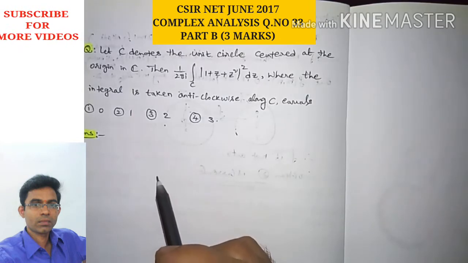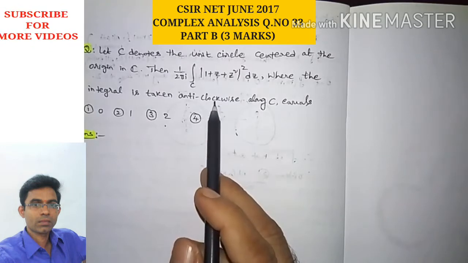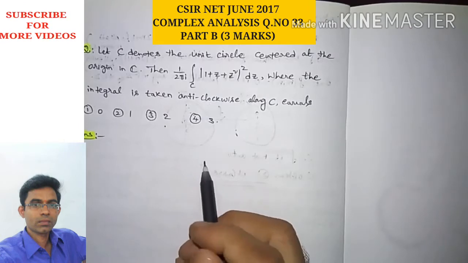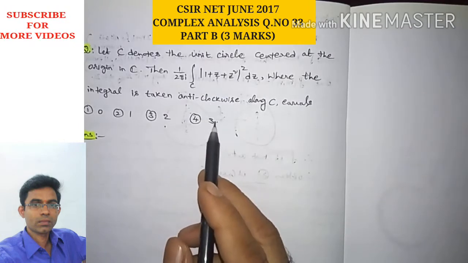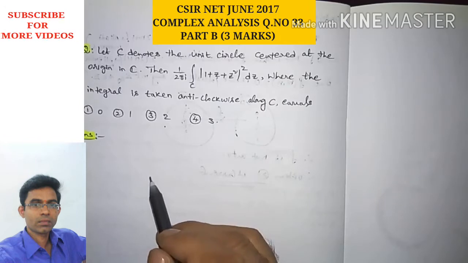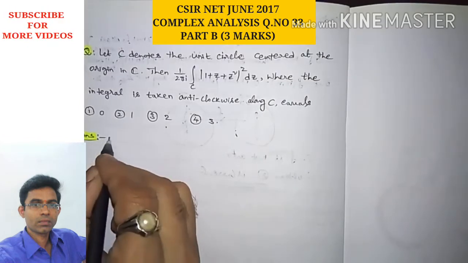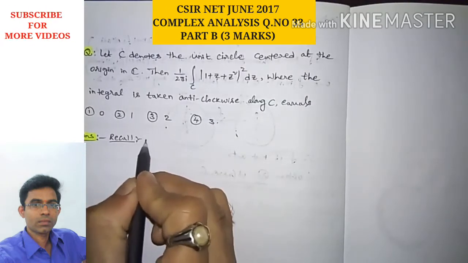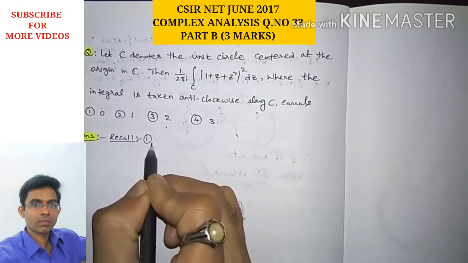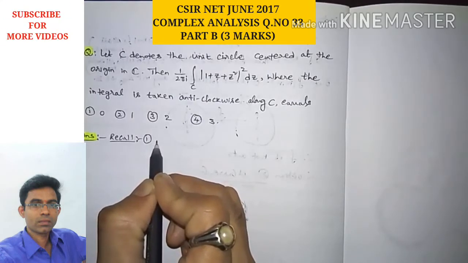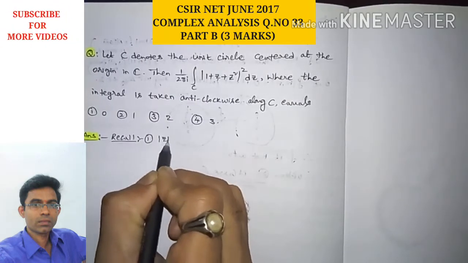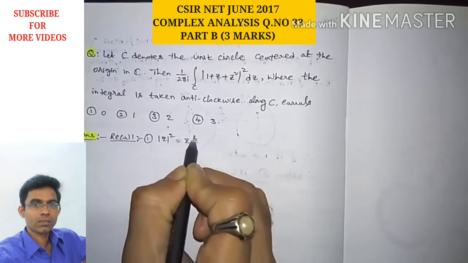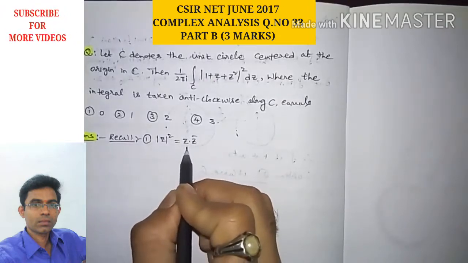The question is about finding the integration value along the given circle, that is a unit circle. Before going to the solution, we have to recall two properties of complex numbers. The first property is, whenever z is a complex number, modulus of z square is equal to z into z bar, where z bar represents the conjugate of that complex number.